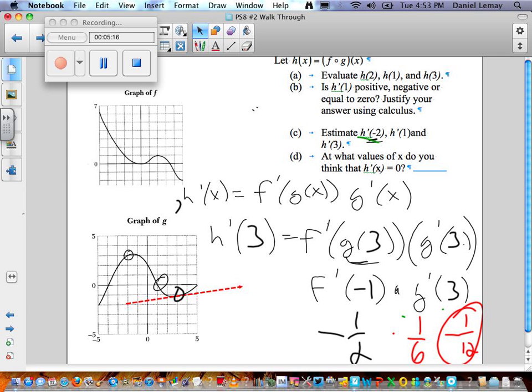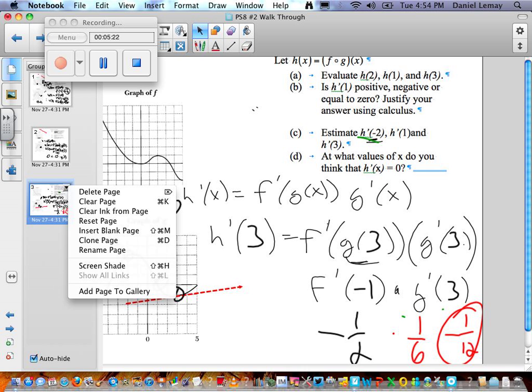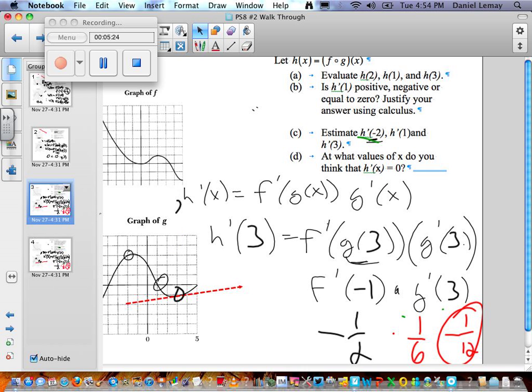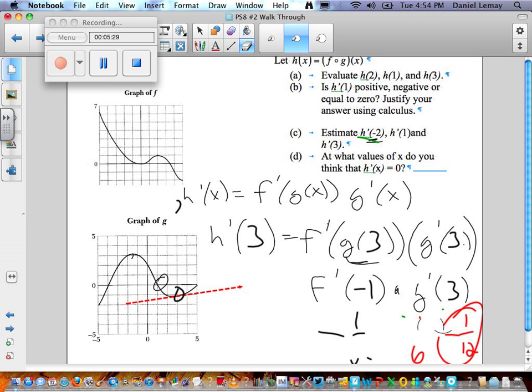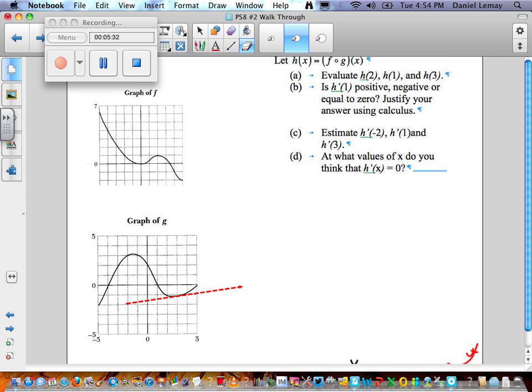Okay, now comes the last part, and is it the most important? I don't know. What values of h prime are equal to 0?